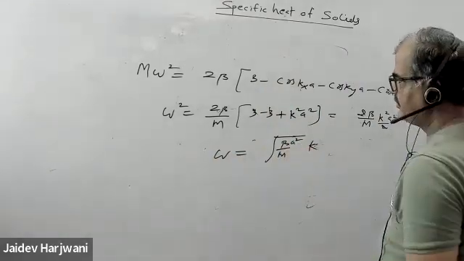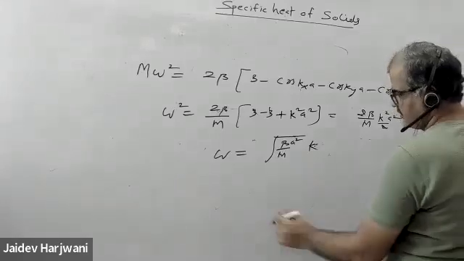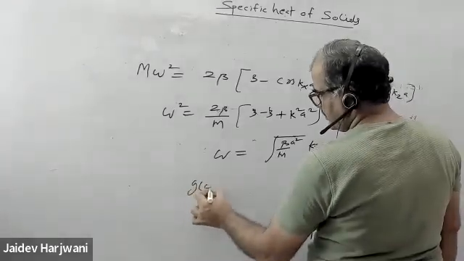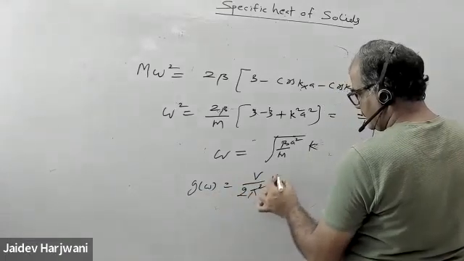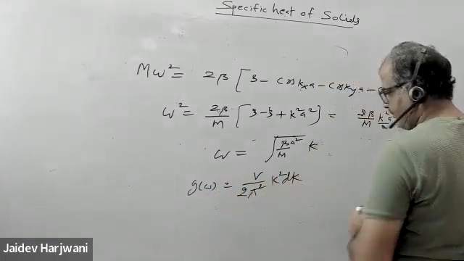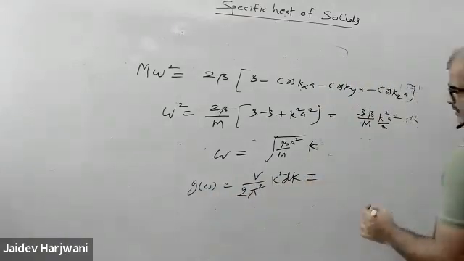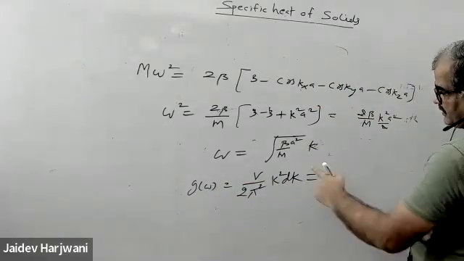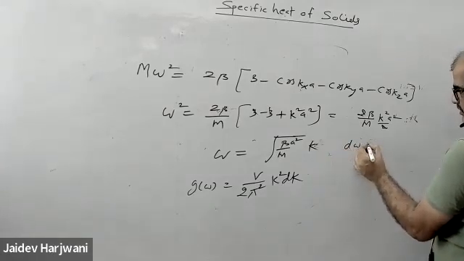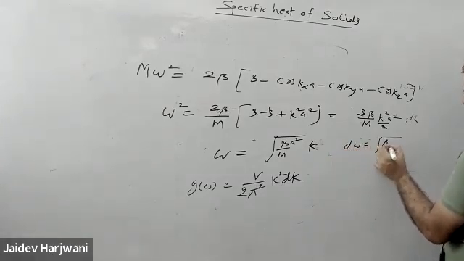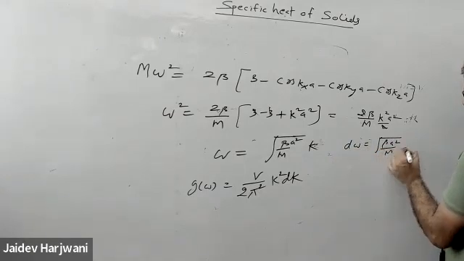Now you have the omega-k relation, you have density of states. Density of states in 3D is V upon 2 pi square k square dk. You want d omega by dk, so d omega will be this one, beta a square by m, upon dk.